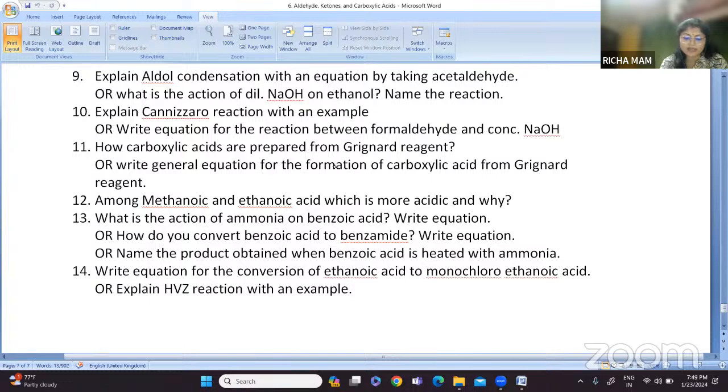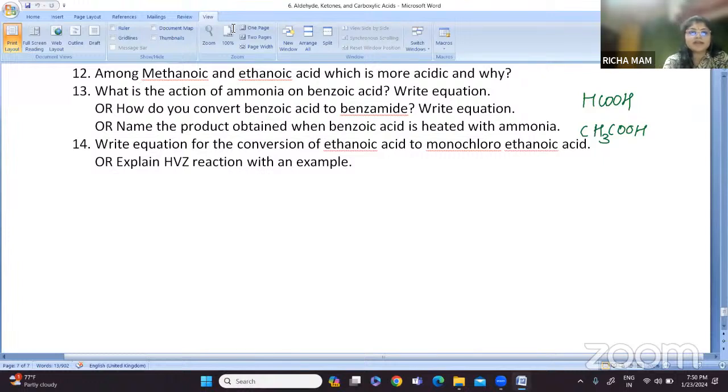Among methanoic and ethanoic acid, which is more acidic and why? Yes, students, try answering this.